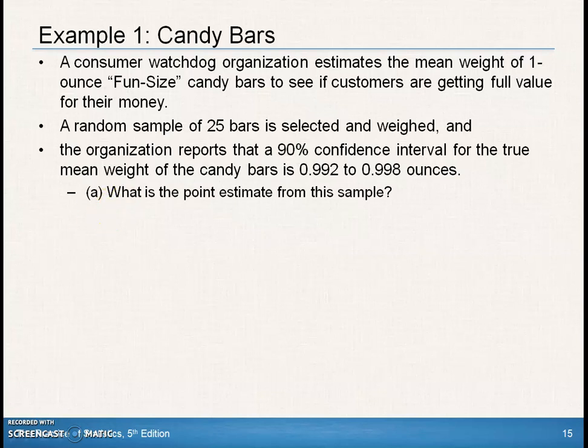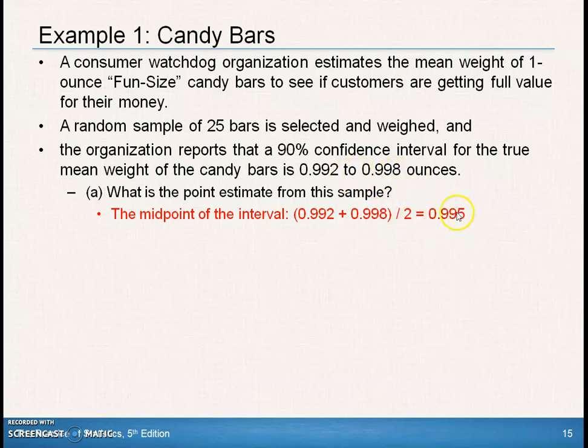Well, we can find the point estimate because remember, the point estimate is in the middle of this interval. So it must be the average of these two. When you add these two together and then divide by 2, you should get that point estimate in the middle. So 0.990. Add 0.003, or subtract 0.003, you get that.